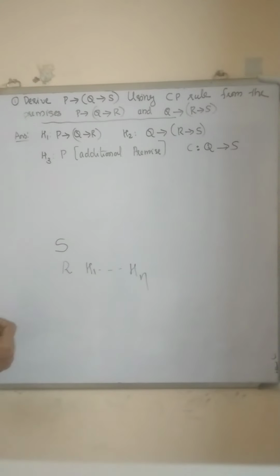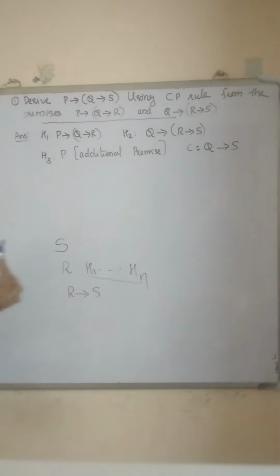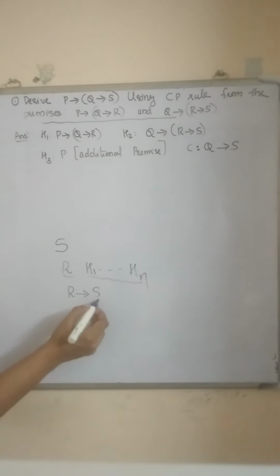Then the statement R conditional S can be derived from the set of premises. Using the given premises in addition with the premise R, we arrive at R conditional S. Then by CP rule, S is the conclusion.